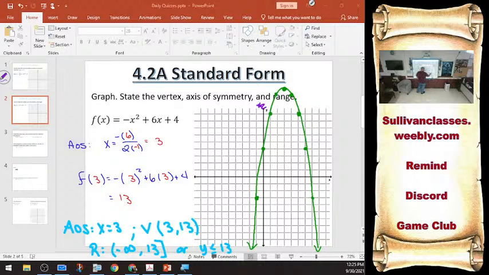Alternatively, if you did not like that and you wanted it to go by twos, it's going to be 3, 13, then 2, 4, 6, 8, 10, 12, 13. And then you would just have to remember by 1, by 4, and so on. You just got to be careful with your graphs.